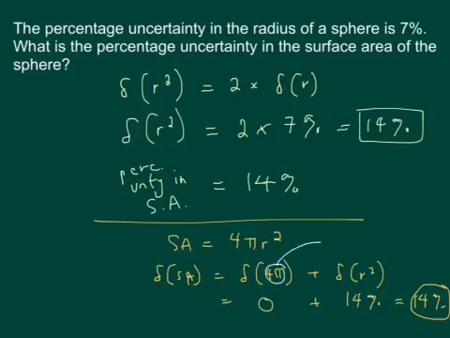Maybe you thought it was 4 pi over 3, or 2 pi. You may not have known, but you don't need to know, because all of these things, 4 pi, 4/3 pi, and 2 pi, are perfectly certain, and this will still be 0, and we'll still get 14%. So that's our answer, 14%.